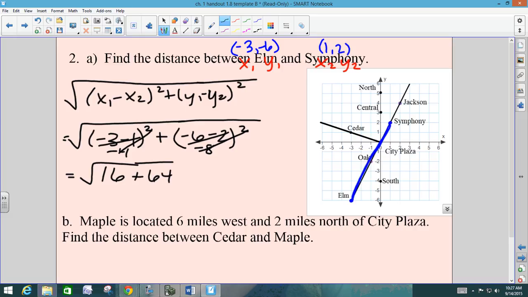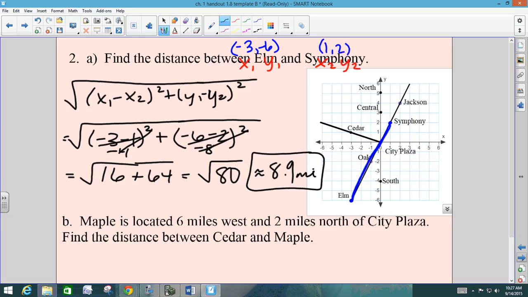Remember, when you square something, it should always be positive. You should not be seeing negative numbers after you square. 16 plus 64. Square root of 80 comes out to be about what? 8.9 miles. Good. Is it longer than our previous one? Awesome. That's what we want.